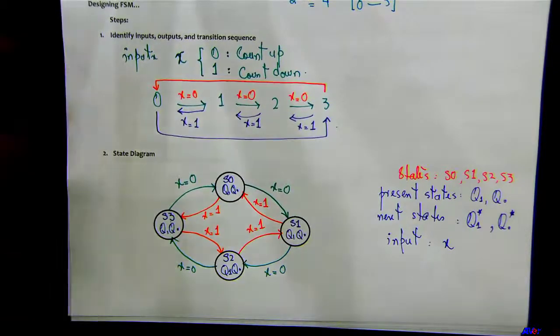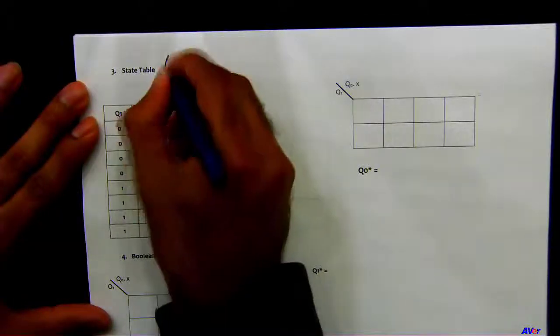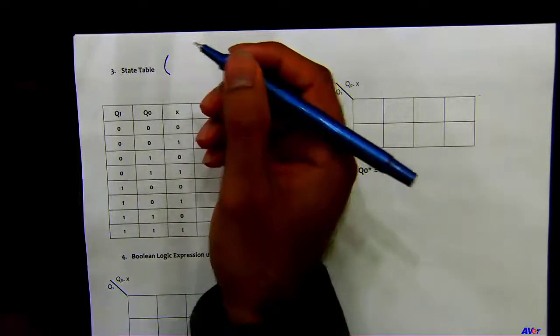Okay. Let's move on to the next step, which is the state table. Here we also decide what kind of flip-flop we're going to use. Because we used JK last time, let's do D flip-flop.